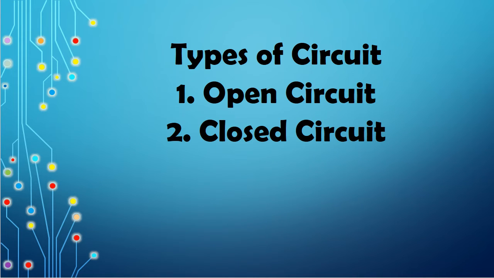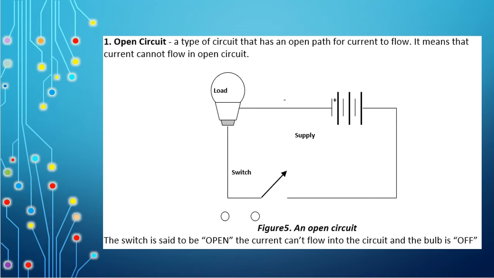Then next, we have the types of circuit. The two types of circuit are open circuit and closed circuit. Let us discuss first the open circuit. An open circuit is a type of circuit that has an open path for current to flow.